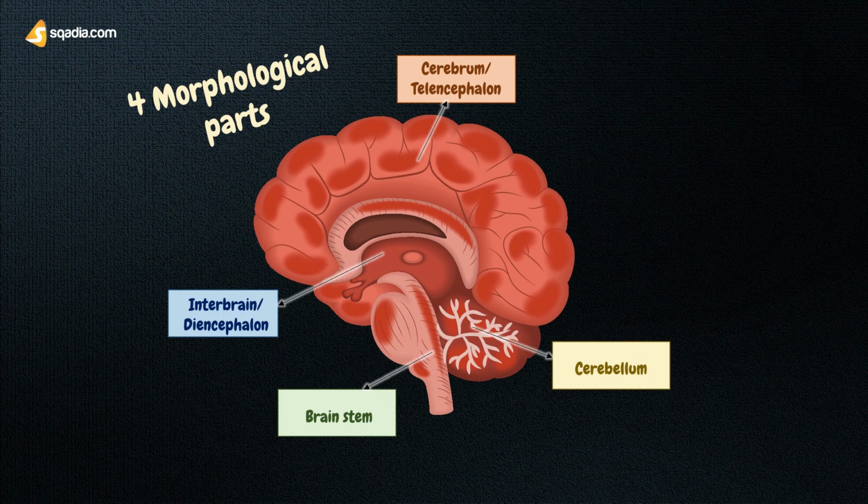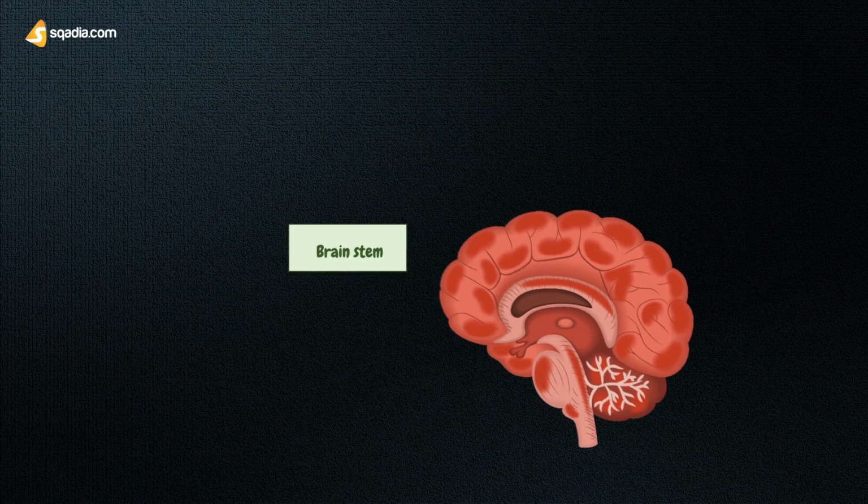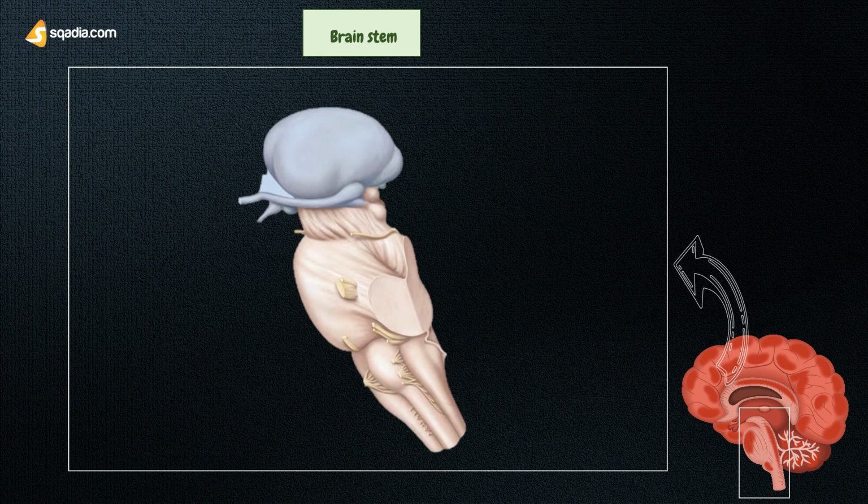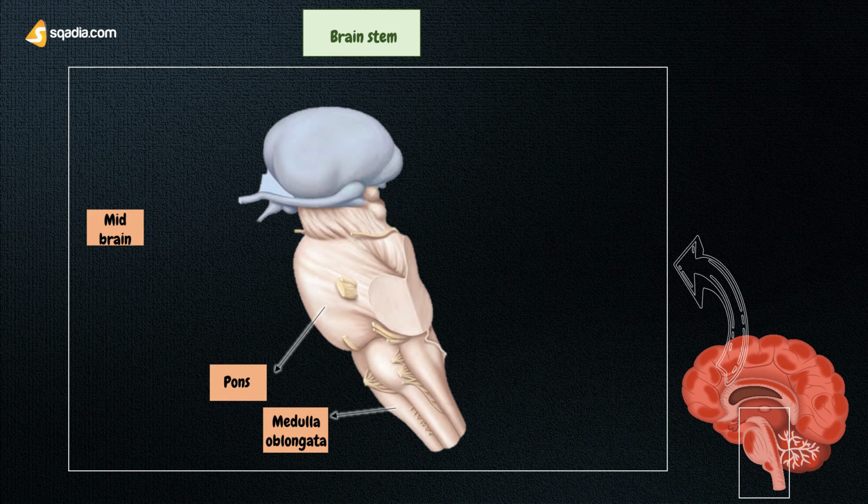The next morphological part of the brain is brainstem. The brainstem is a stalk-like region of the brain connecting the cerebral hemispheres to the cerebellum and spinal cord, and is mainly composed of mesencephalon or midbrain, pons, and medulla oblongata.